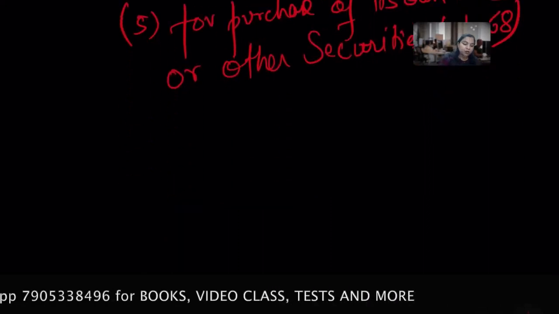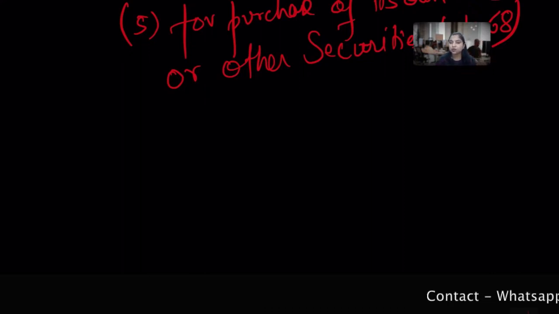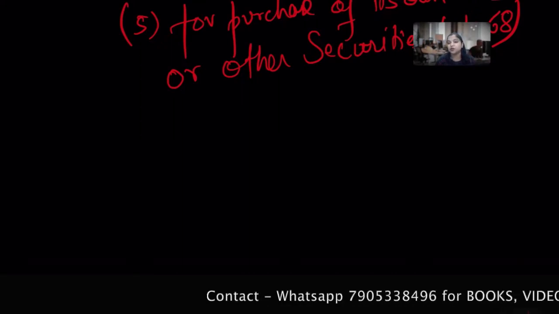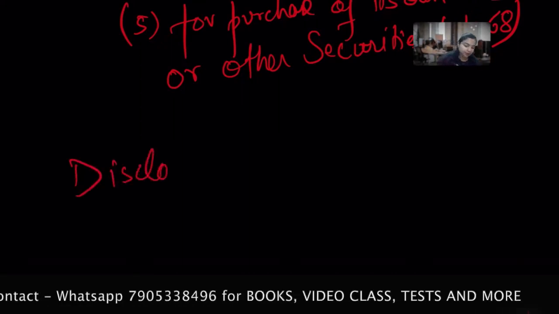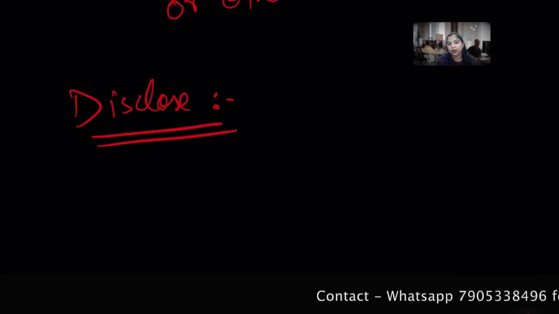Okay, so how can you disclose the securities premium? It is very important to show the securities premium. The Companies Act already asks you to prepare a separate account, so it needs to be separately disclosed. It's a liability for the company and it can be used for various purposes.